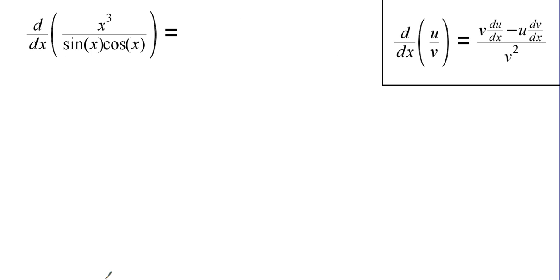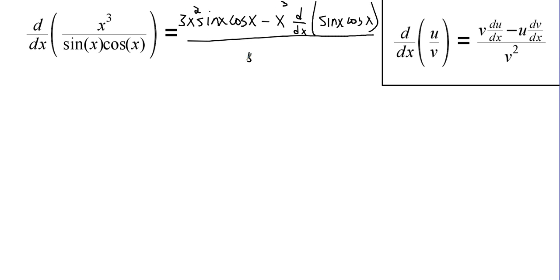So as we go through here, we'll start with the denominator, sine x cosine x, times the derivative of x cubed, which is 3x squared, minus the numerator, x cubed, times the derivative of sine x cosine x, all divided by sine x cosine x squared, which I can just write as sine squared x cosine squared x.